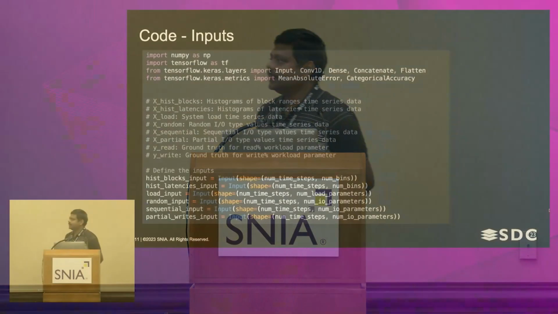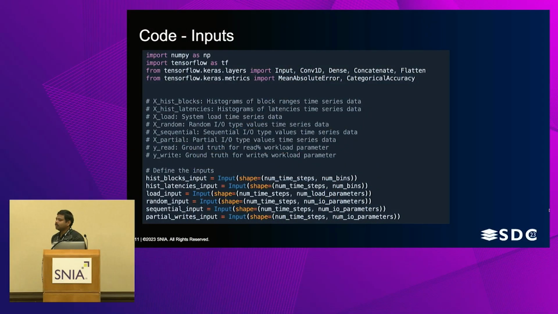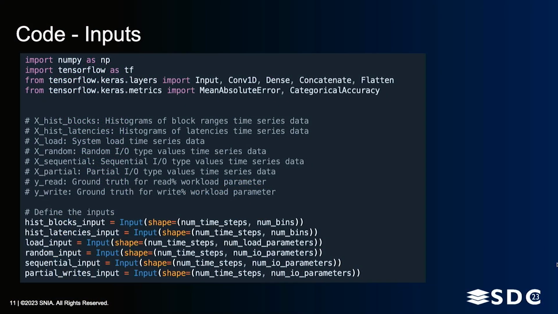As you see, the inputs are a histogram of blocks, latencies, and the load inputs. The load inputs especially are the background operations running, random and sequential data inputs, and the partial writes plus other information like unmaps and zeros. So those go into the last parameter.